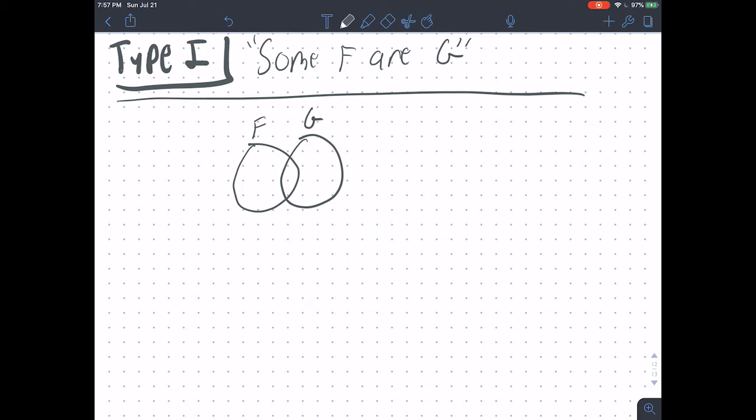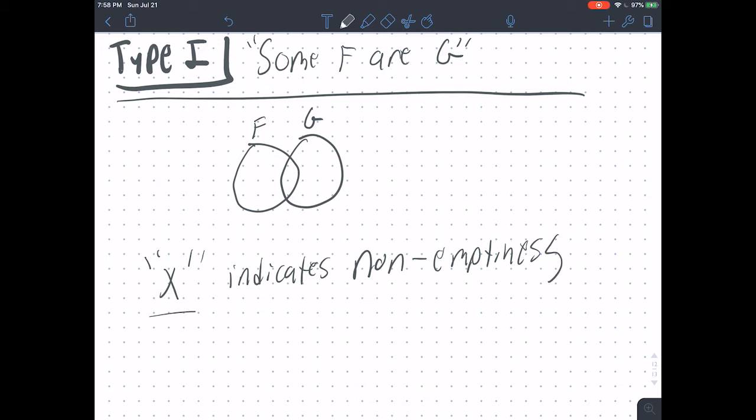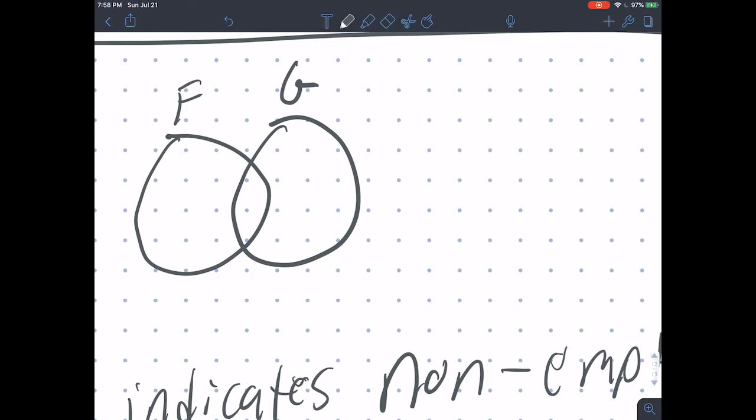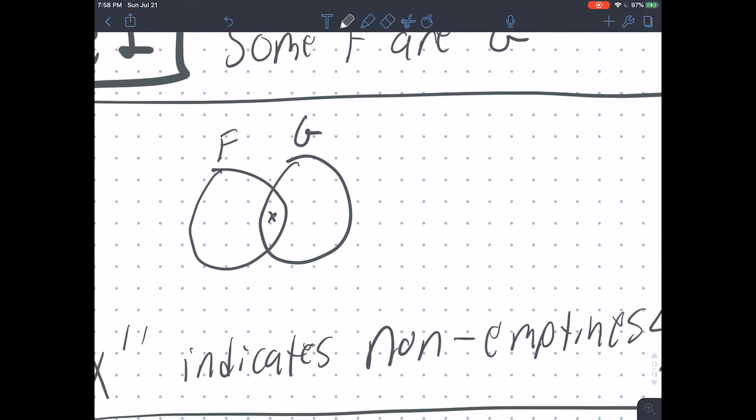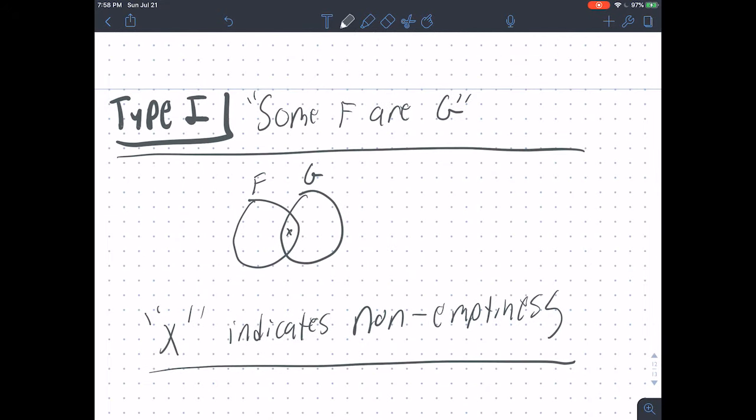And we're going to adopt a convention here where if we mark a little X, that's going to indicate non-emptiness. If we have an X in a segment of a Venn diagram, it'll mean that there's at least one thing in there.